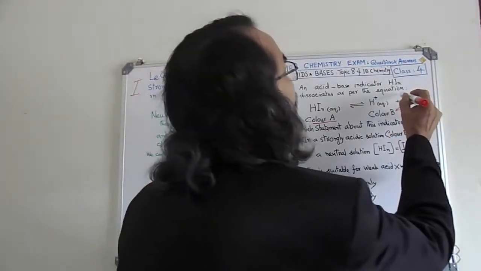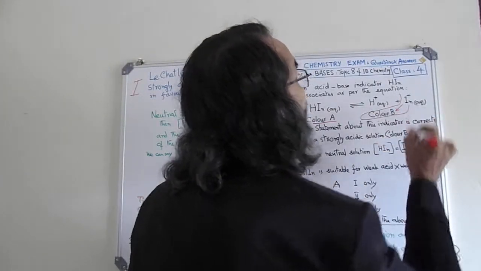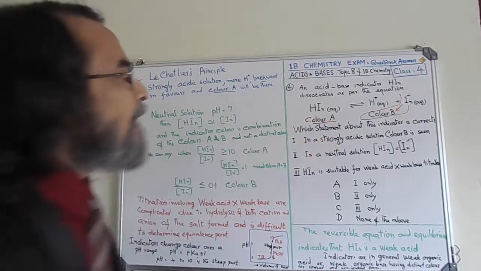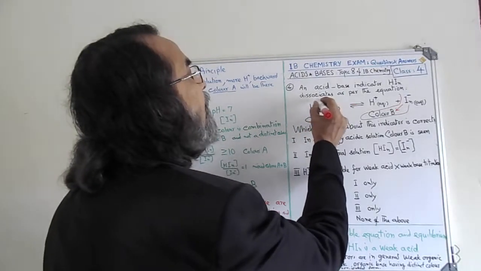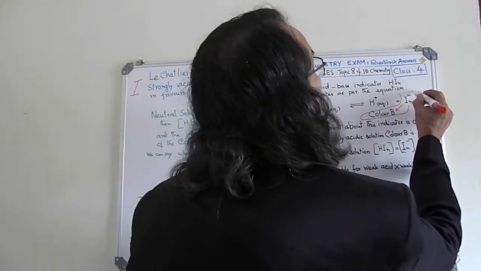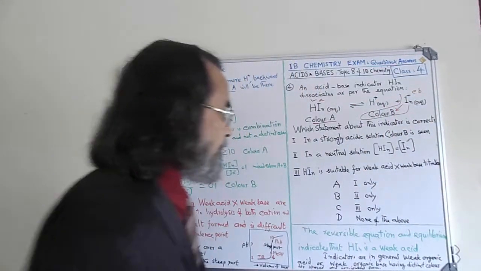Color B is for the conjugate base of this indicator. So we can say HIN is a weak acid, and IN minus is the conjugate base of that acid.